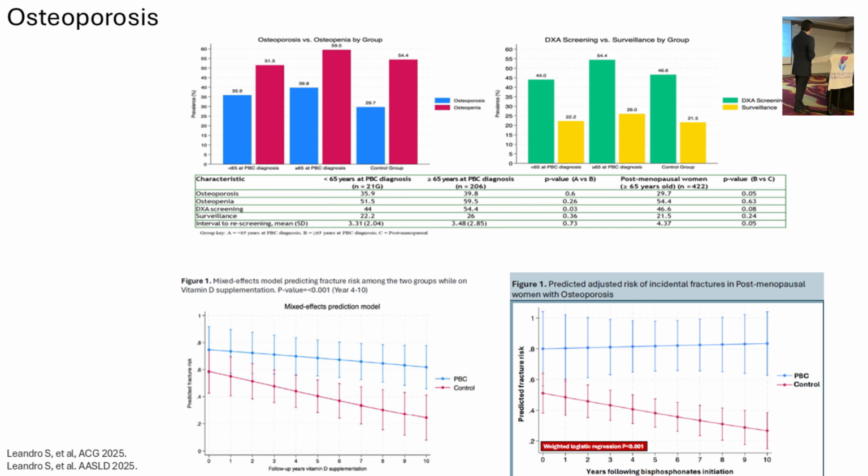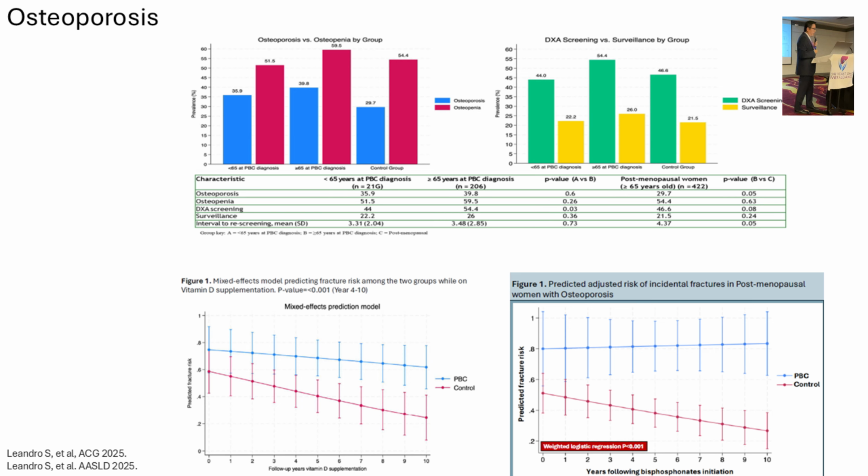The first graph on the left upper, we're trying to determine the risk of osteoporosis in this population compared to age-matched controls by age group. What's interesting is on the left panel is patients younger than 65 years old. If you compare to post-menopausal women, they have a similar or slightly higher risk of osteoporosis.